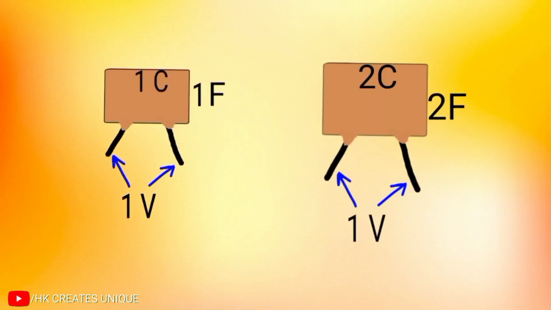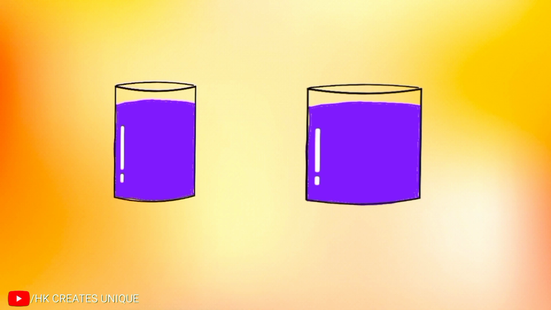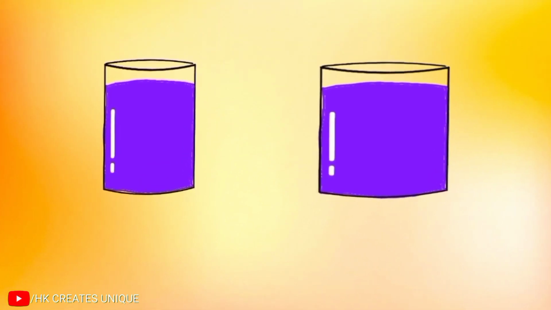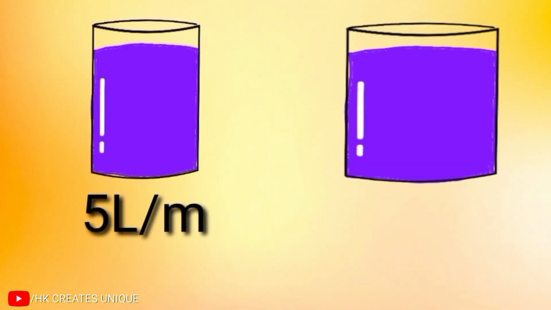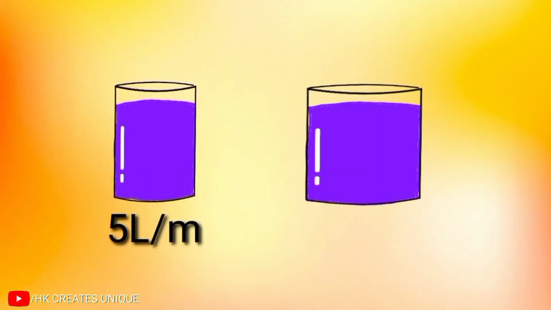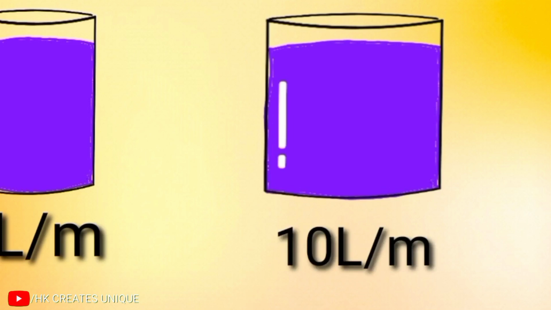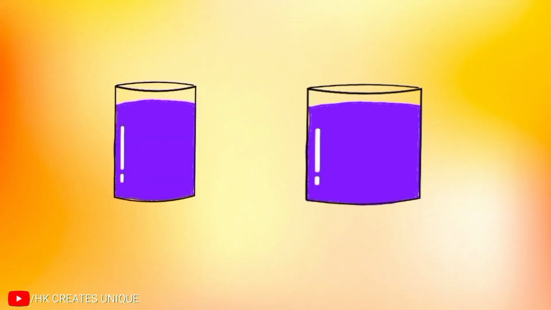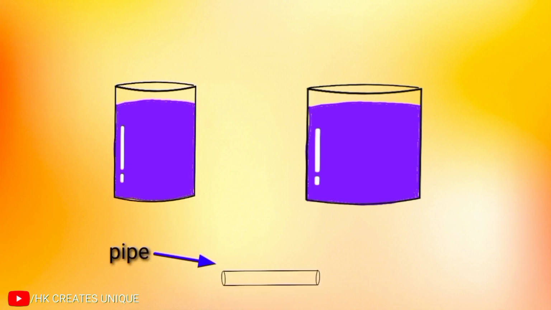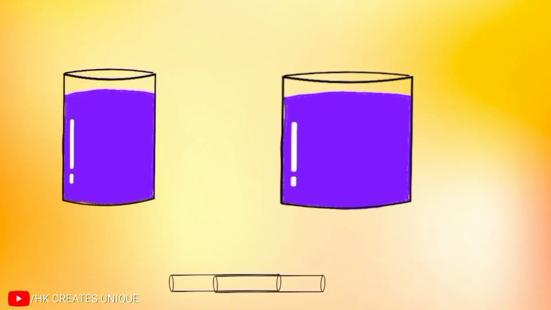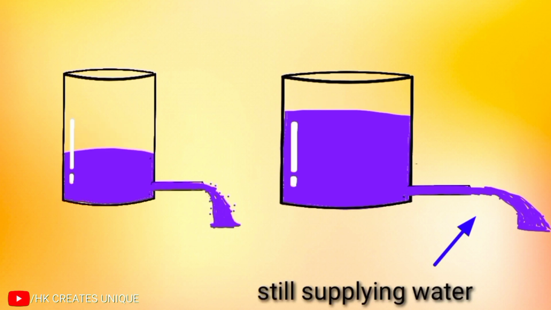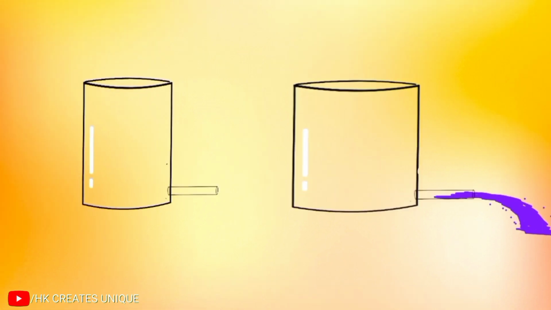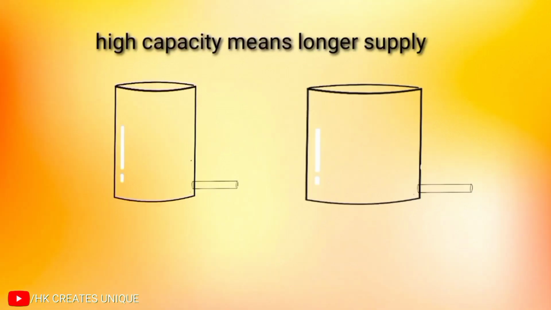To understand the difference, let's take the previous bucket example. We have 2 buckets, of which one can store 5 liters of water at 1 meter water level, and the second bucket can store 10 liters of water at 1 meter water level. Now, if we drain the water from each bucket using same thickness pipe, it is obvious that the large capacity bucket will be able to supply water longer than the small one.